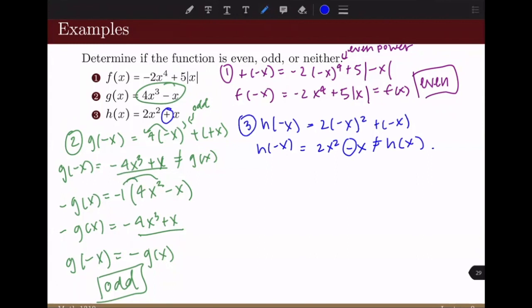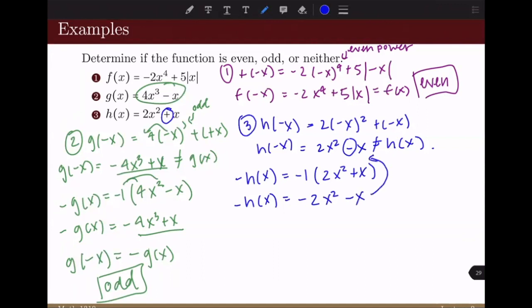So we'll go ahead and test if it's going to be equal to negative h of x. Negative h of x is negative 1 times 2x squared plus x. That means negative h of x is negative 2x squared minus x.